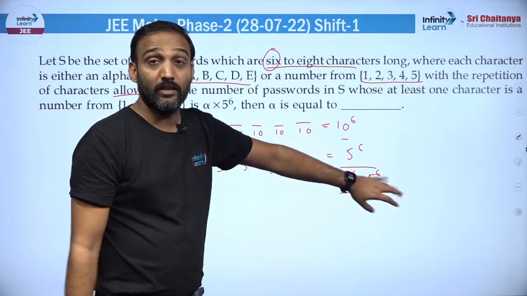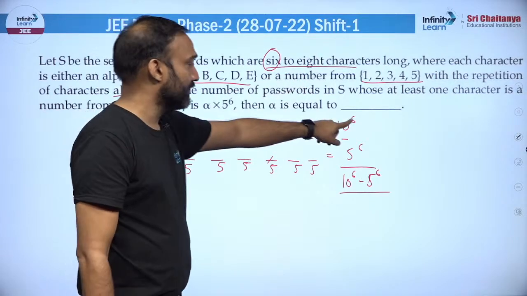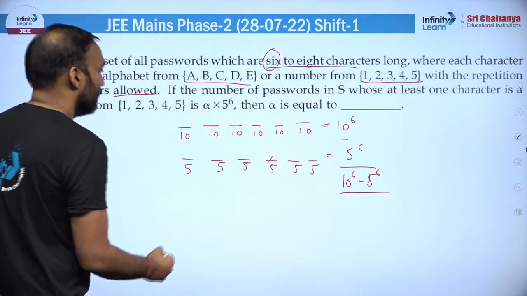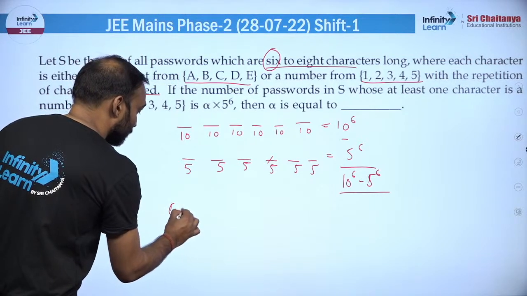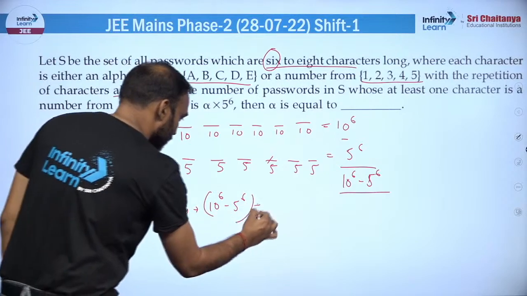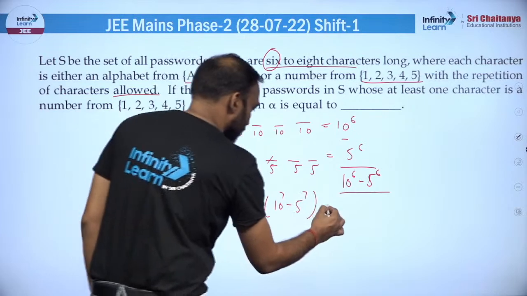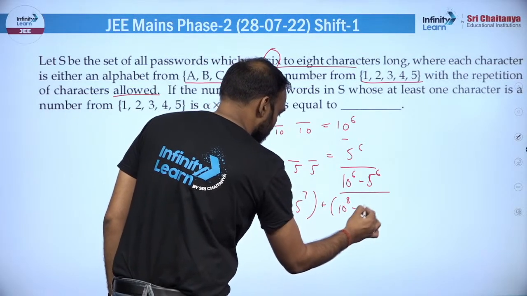So this is my answer for 6 characters. Now same with 7. So if I take 7 instead of 6, I'll have the 7, right? So my cases would be: total 6 character passwords are this, 7 character passwords are this, 8 character passwords are this.